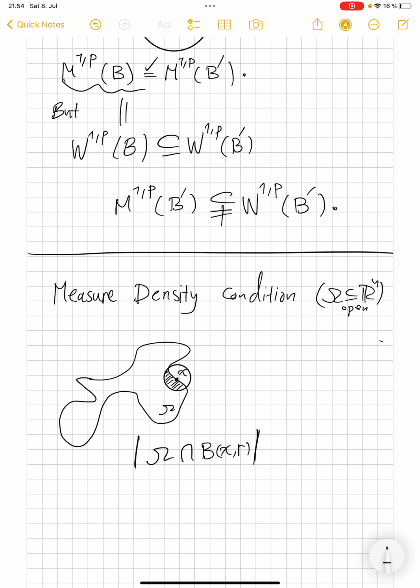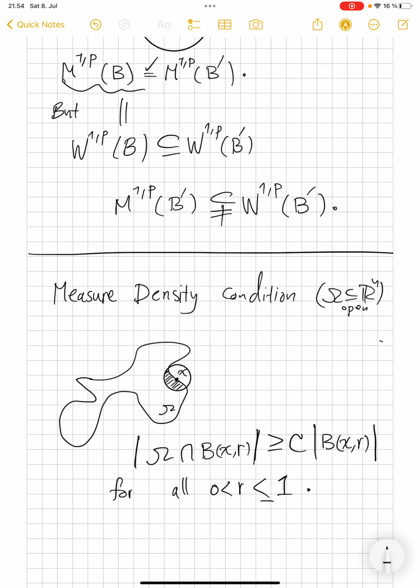So we say that it picks up at least c% of the measure of the full ball itself. Of course, this can fail for simple domains like a ball if the radius is allowed to be extremely large. So this is for all r smaller than a threshold, and often just 1 is enough.